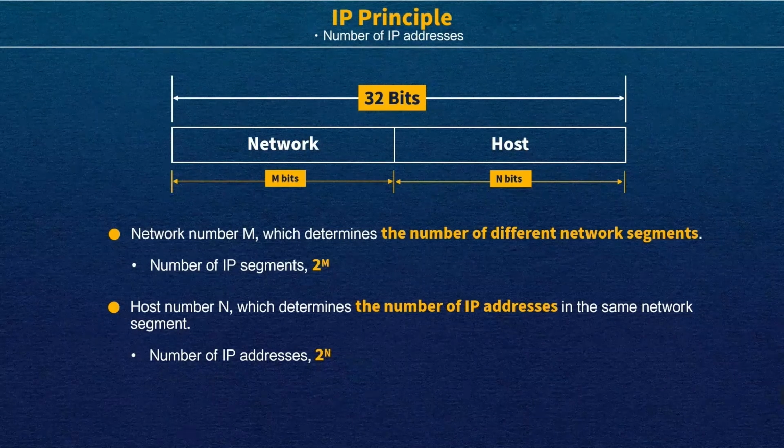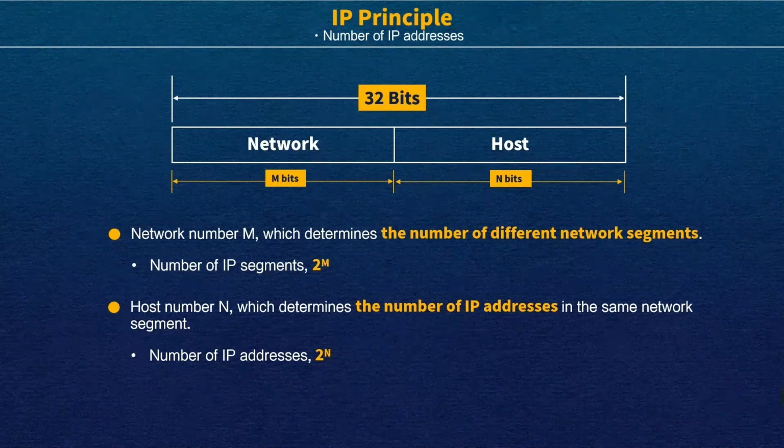The same one, if in your company you have 3 departments, right? And if you define the total segments to become 8, that means you can have 8 different IP segments, and each department can have an IP address range of 2 to the power of 24.